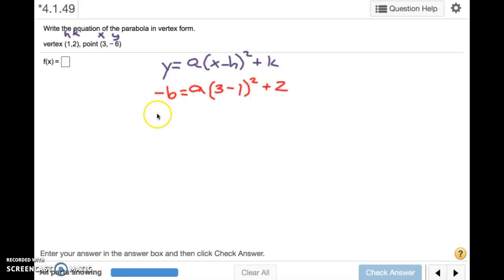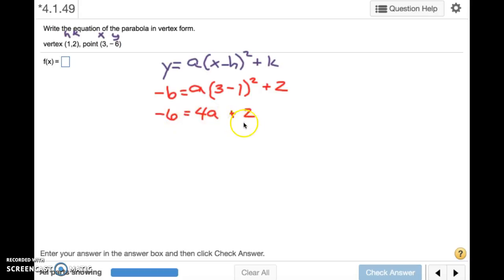So I'm going to bring down -6, and I'm going to simplify this a little bit. So I have 3 minus 1, which is 2, and I square my 2, and that gives me 4, and that's being multiplied by the a. And then finally I have this plus 2.